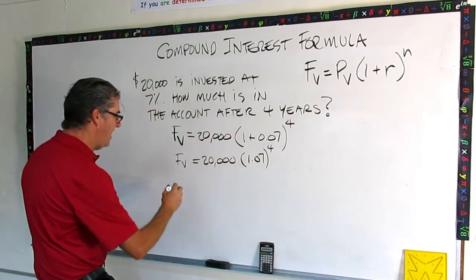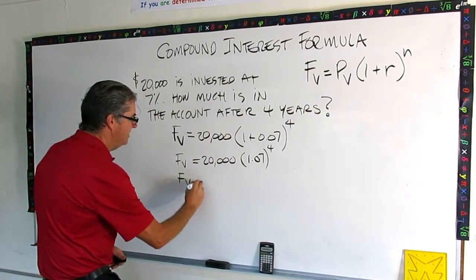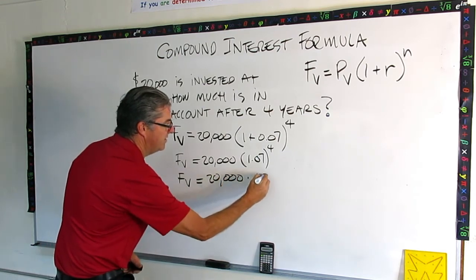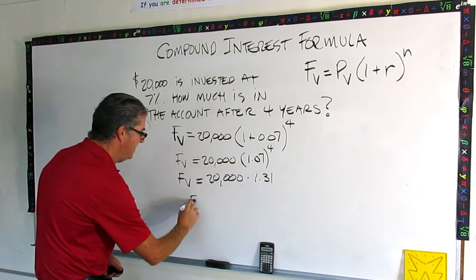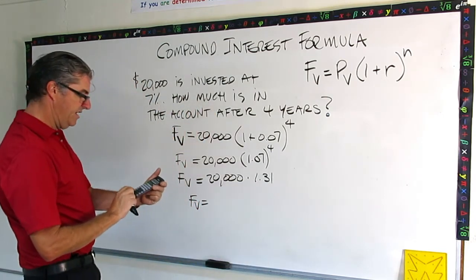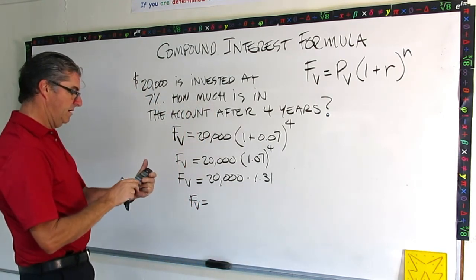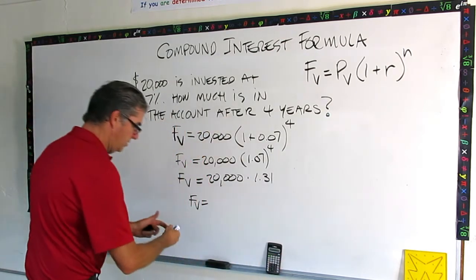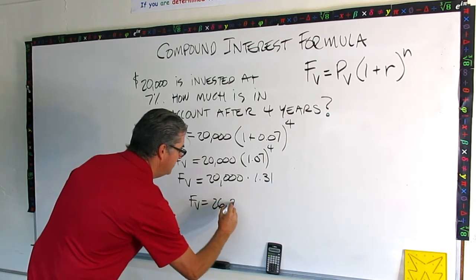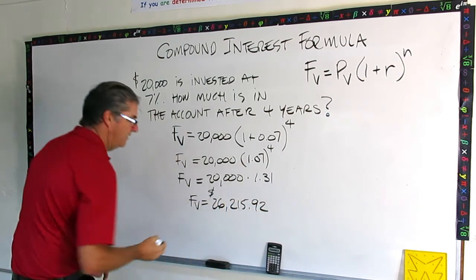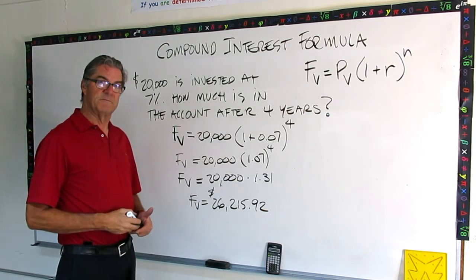So FV equals 2,000 times 1.31. And now I can do my final step. Times 2,000. And I have 2,621.59. And that's the amount at the end in the account.